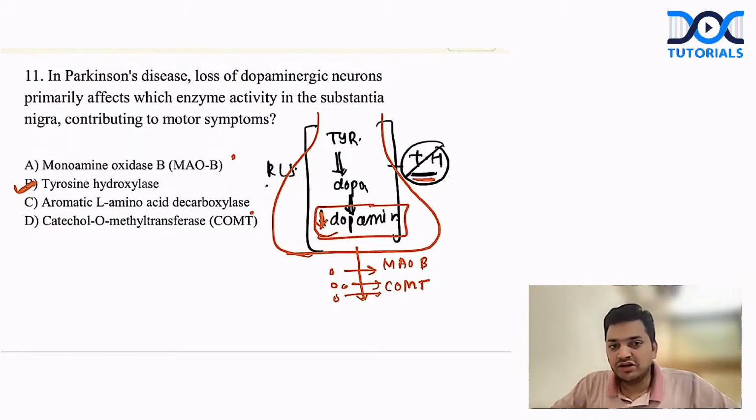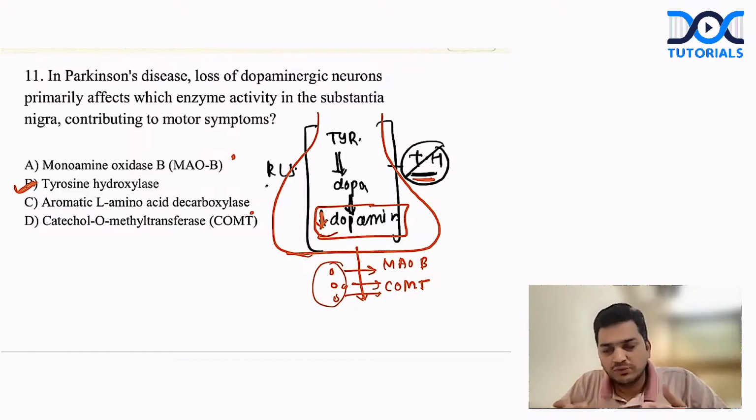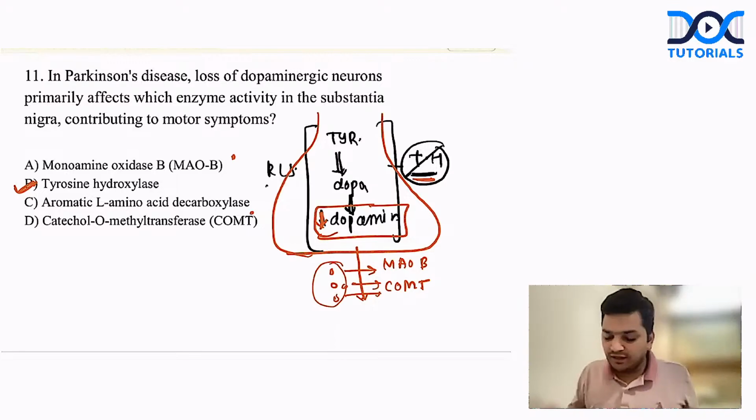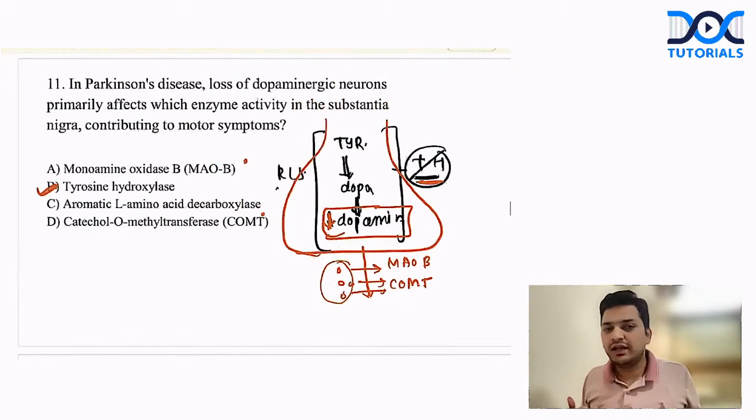If their activity decreases, it's actually good for Parkinson's, because that increases the dopamine level, as these are the enzymes which are eating the dopamine. So they are asking which enzyme is mainly affected. The mainly affected one is tyrosine hydroxylase, the rate limiting enzyme to make the dopamine molecule.